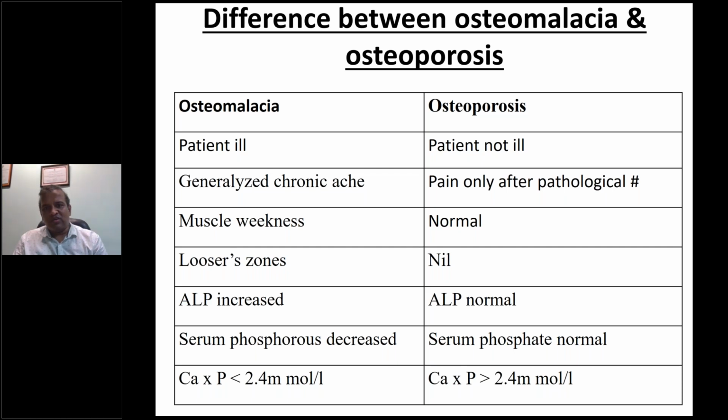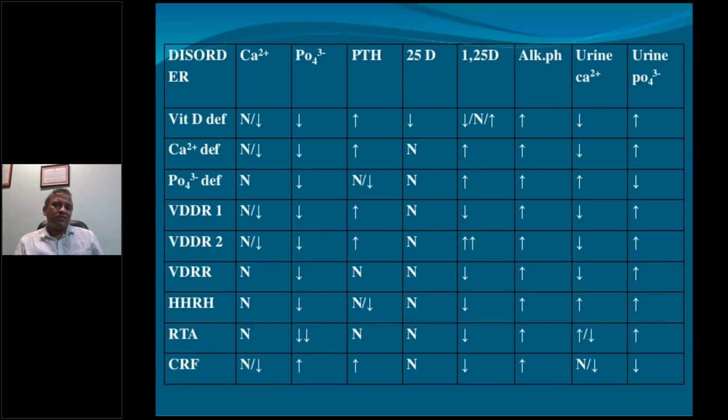So this is a gross table comparing the calcium, phosphate, PTH, 25 vitamin D, 1,25 vitamin D levels, alkaline phosphatase, and urine calcium and phosphate among the various groups of vitamin D related disorders. We must just see where the changes happen.